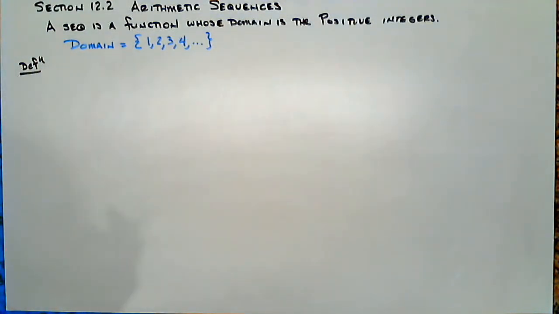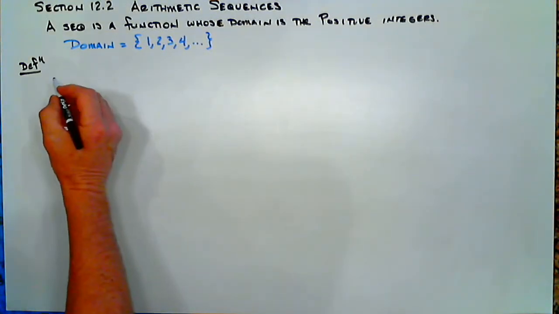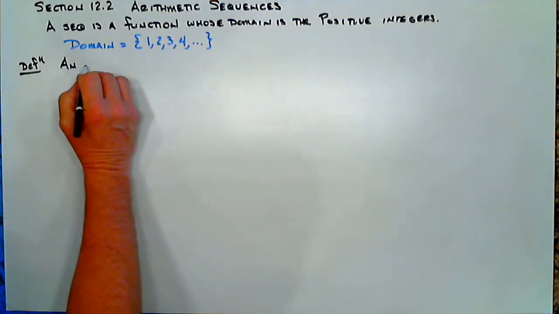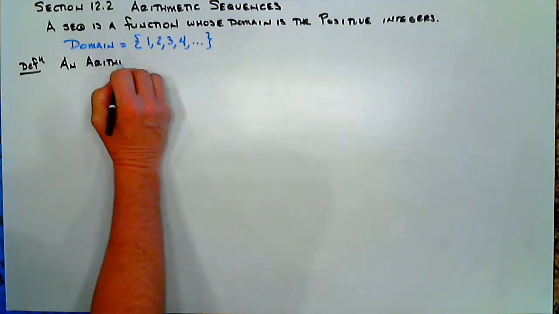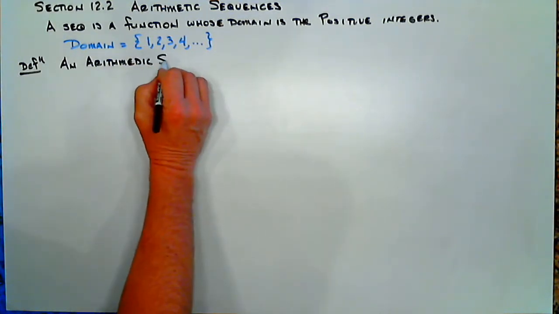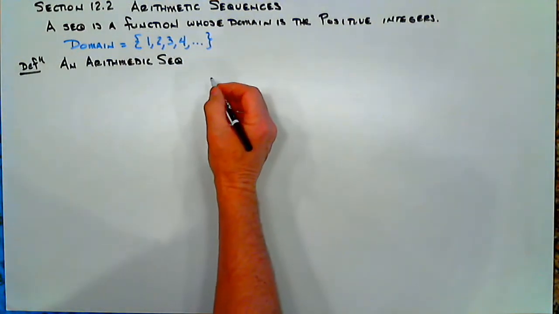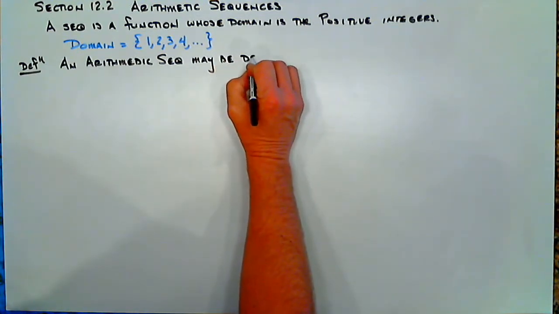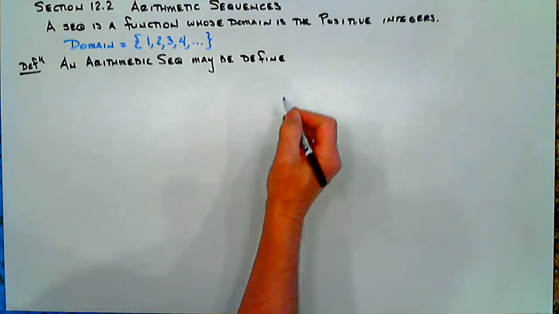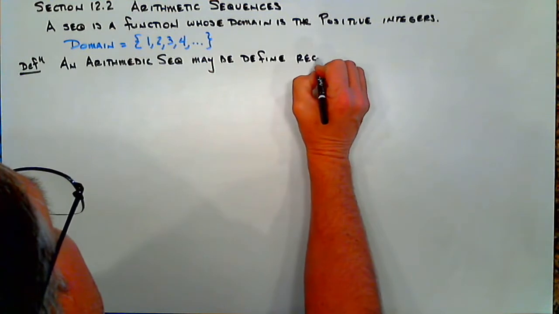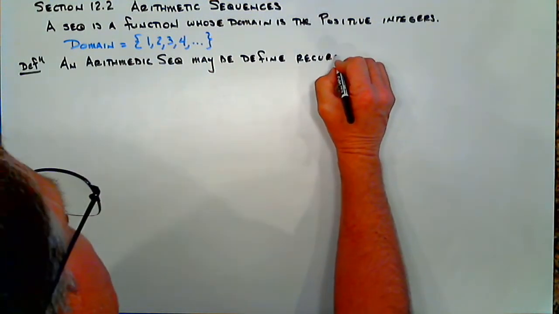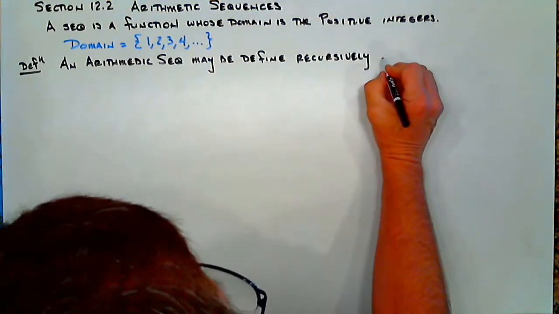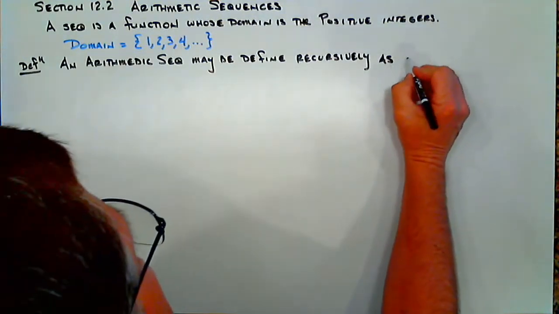What does it mean for a sequence to be arithmetic? The definition says an arithmetic sequence may be defined recursively as a sub 1 equals a.